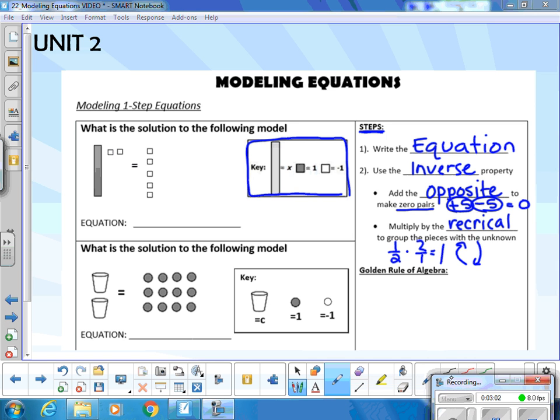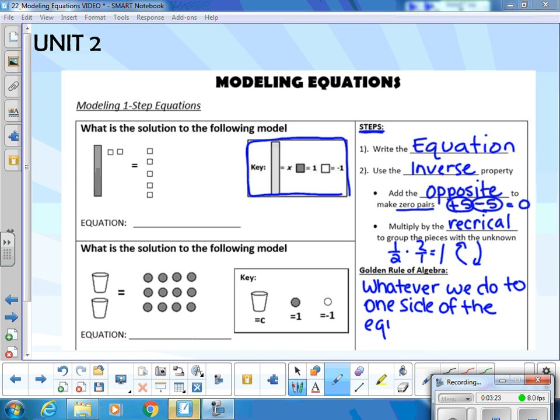And the last thing that we have to remember is the golden rule of algebra, and that is whatever we do to one side of the equation, we must do to the other side.